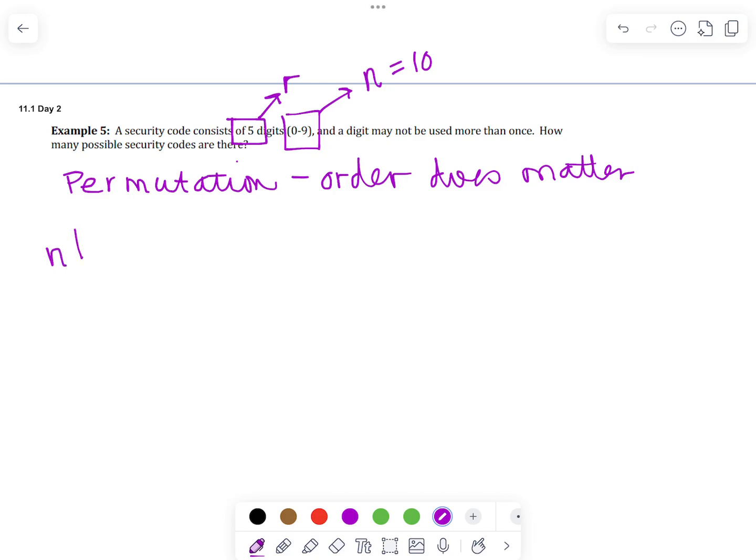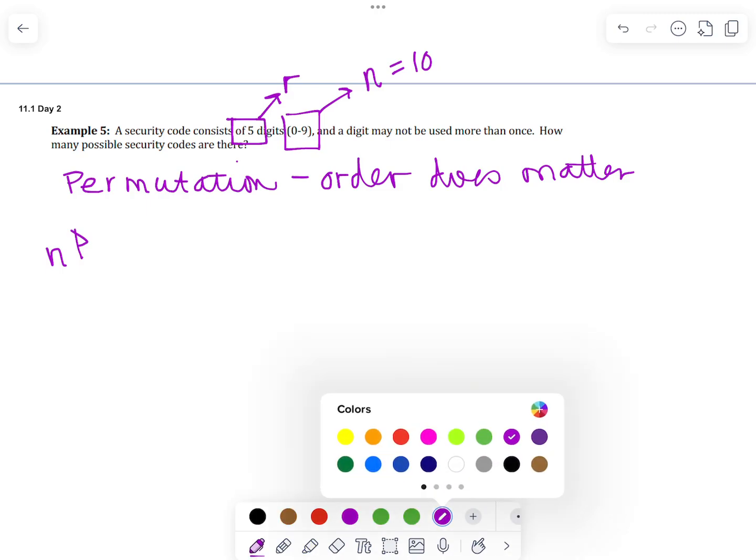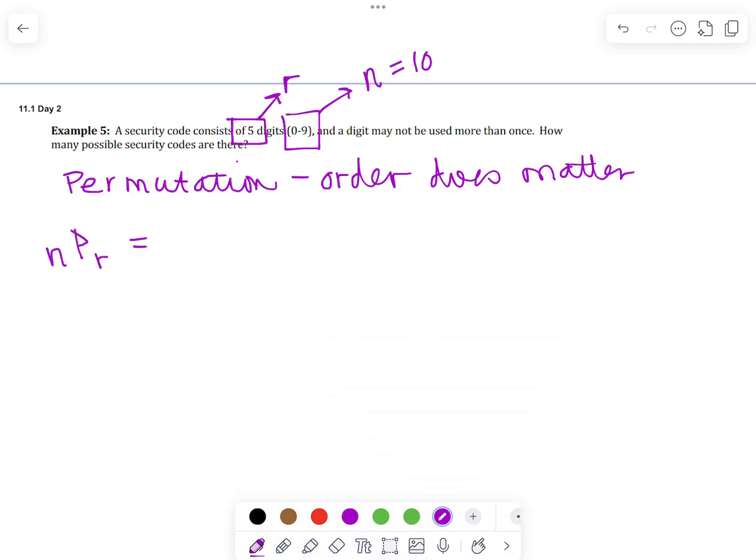It's a permutation where order does matter when you're selecting your digits. So nPr. So we have 10 digits, and we're going to choose 5. Now notice again, you cannot use more than one. So once one has been selected, it decreases. So we substitute into our formula for permutation.